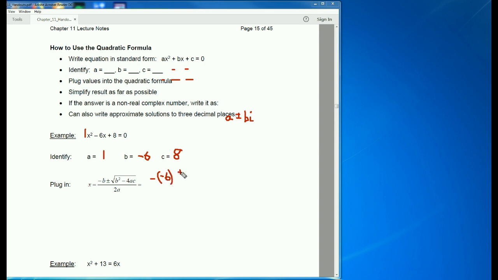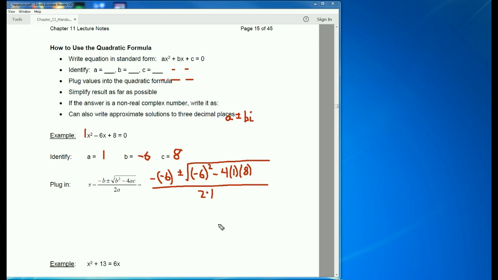And then plus or minus the square root of b squared. So negative 6 quantity squared minus 4 times a, which is 1, times c, which is 8. All of that divided by 2 times a, which is 1.